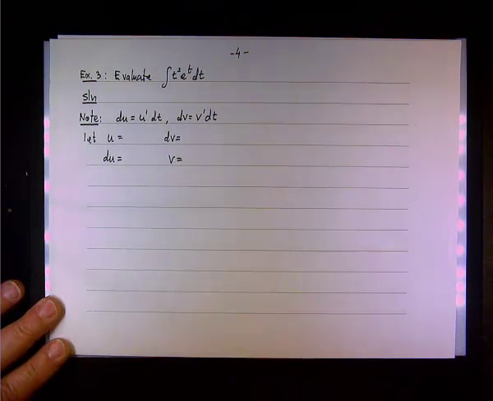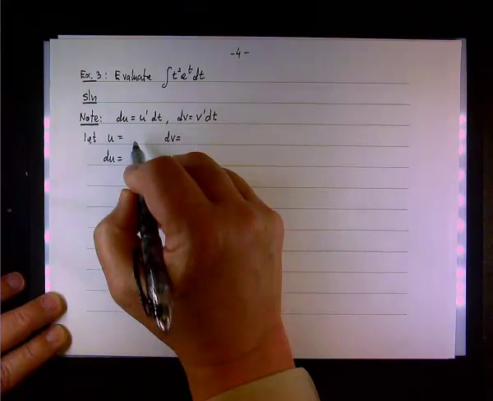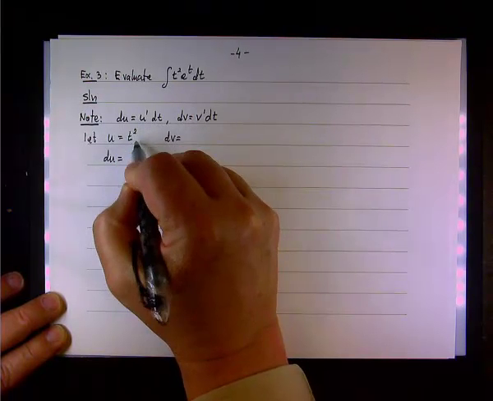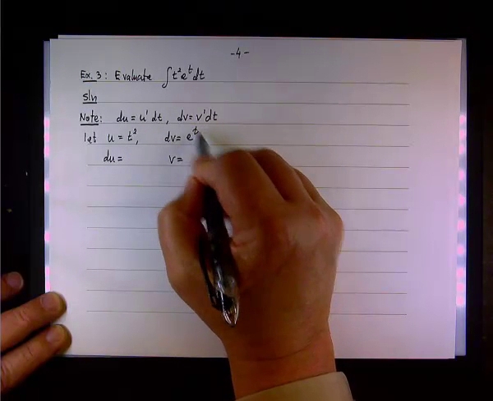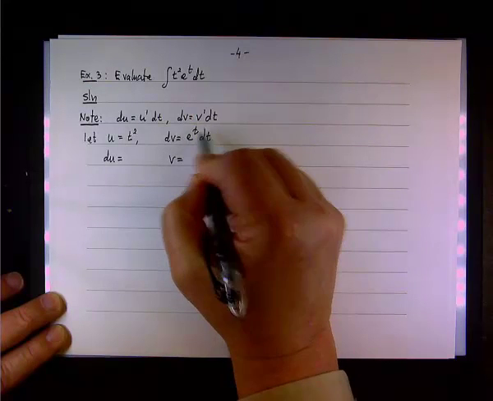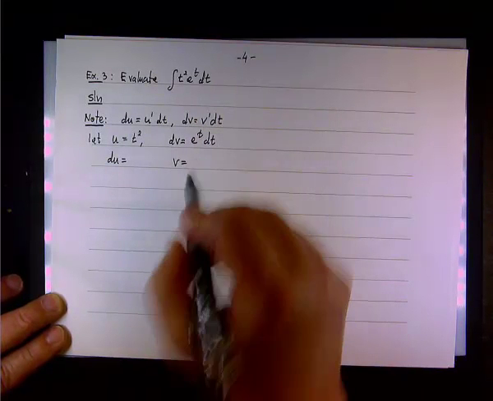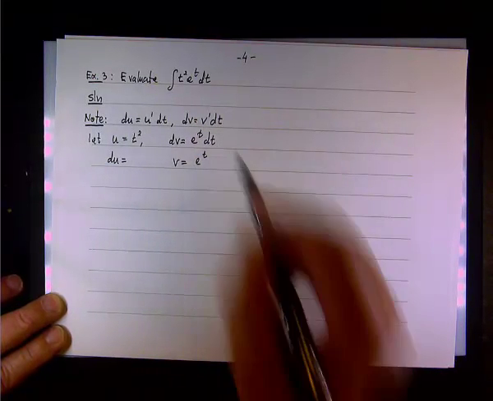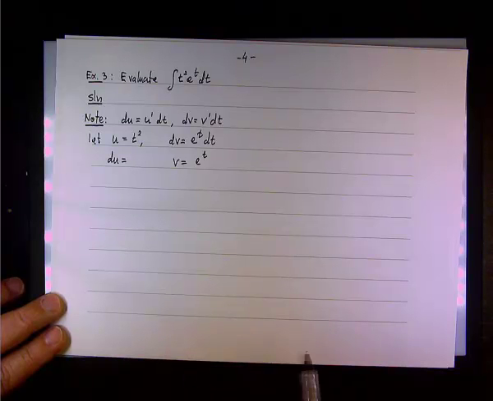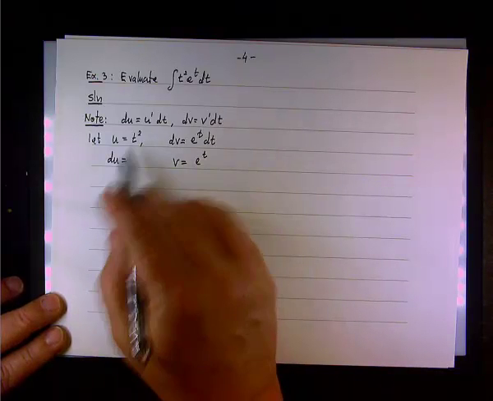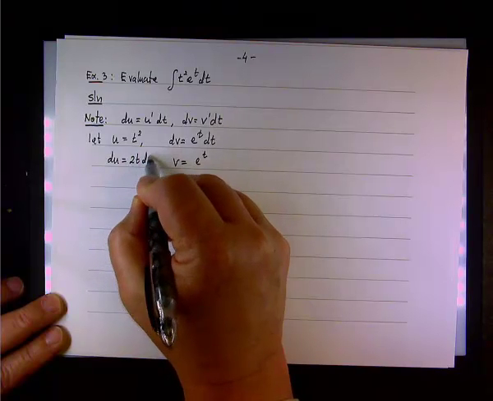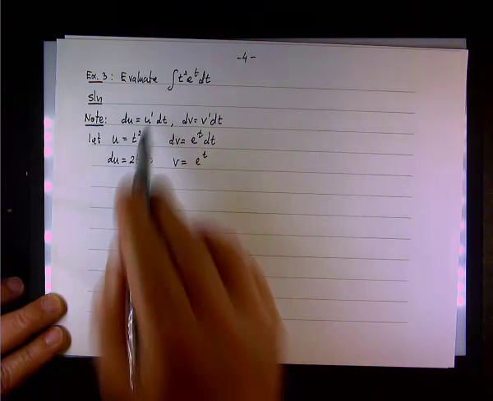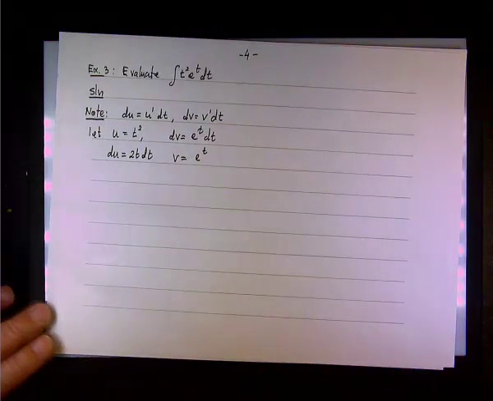But you'll see that we don't get immediate relief by choosing. So we'll choose u equal t squared, and therefore what we are left with, dv equals e to the t dt. Now, this is a good choice because v is e to the t. This is an integral that we love. But the du now will be 2t dt. That's why I gave you this note.